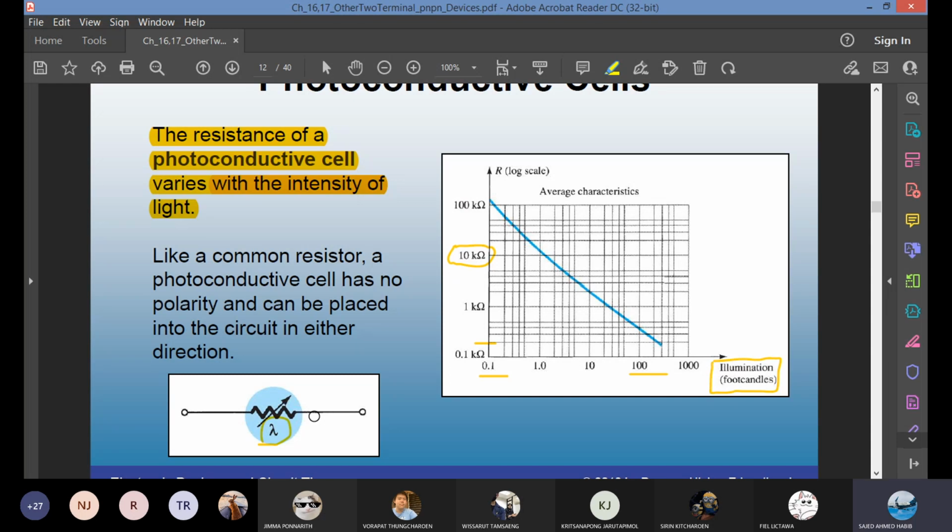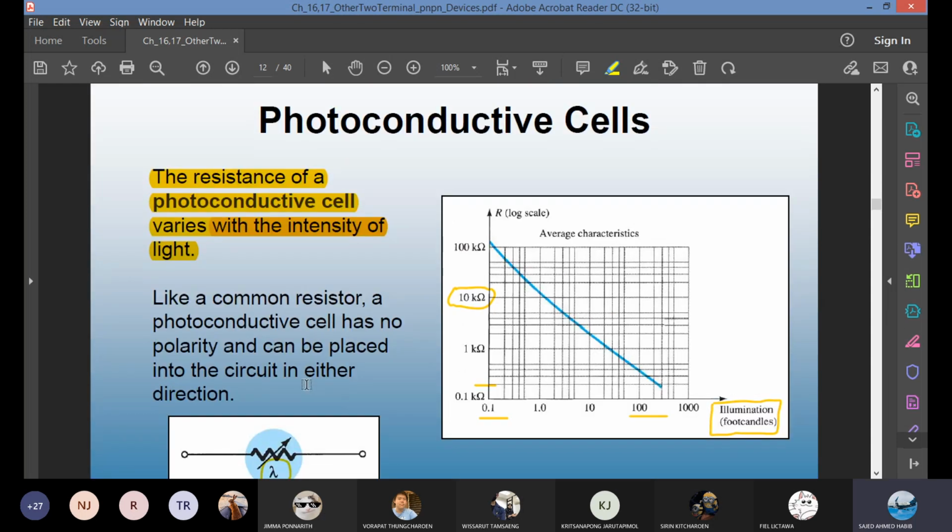The photoconductive cell is also called by another name. Frequently, it's called a photoresistive device. The resistance is a function of light. What type of material is normally used for a photoconductive cell? One common material is cadmium sulfide.